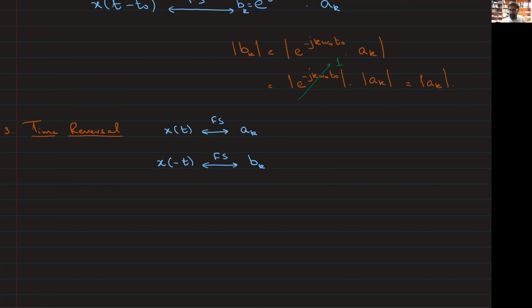Let's say they are bk, and my job is to try to relate these bk's to ak's. The bk's must be somehow related to ak because x of minus t is related to x of t. So the Fourier series coefficients of this new, transformed signal must be related to the Fourier series coefficients of the original signal, and my job is to determine what that relationship is.